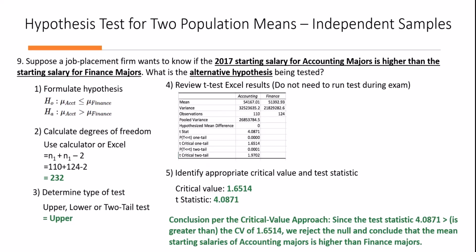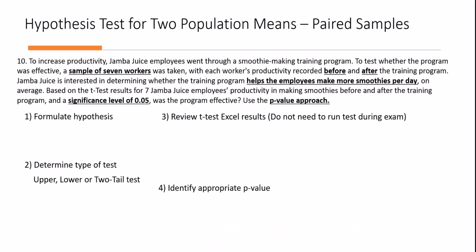Let's run through an example for a hypothesis test for two population means for paired samples. To increase productivity, Jamba Juice employees went through a smoothie making training program. To test whether the program was effective, a sample of 7 workers was taken, with each worker's productivity recorded before and after. We know we're dealing with paired samples because the sample of workers is the same, and it's before and after some event.